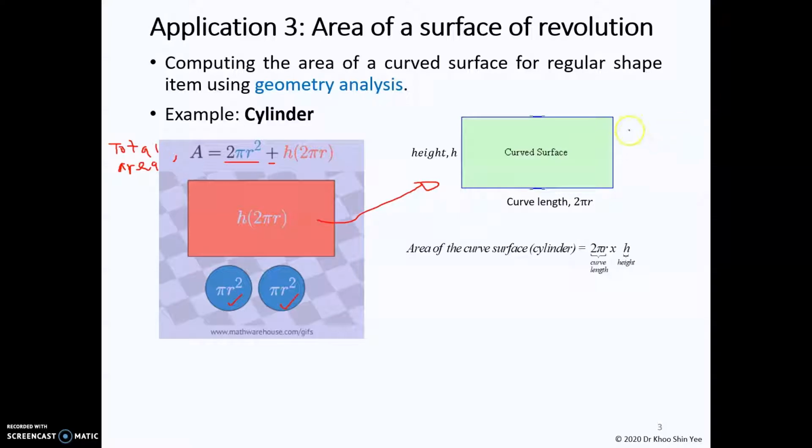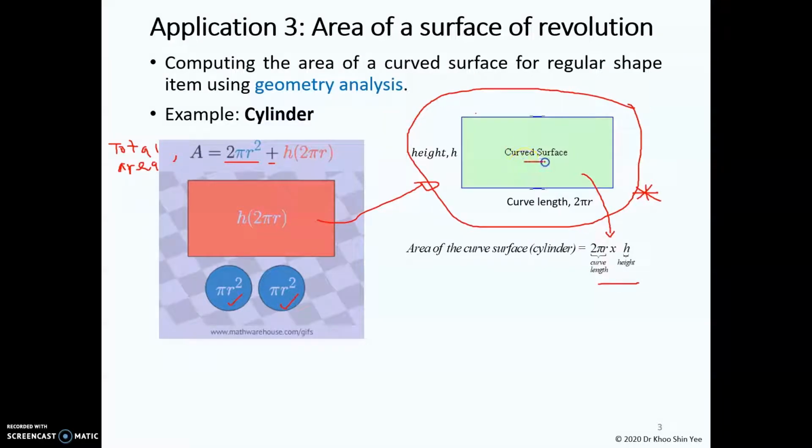How to compute the area of the curved surface is one of the main focuses in this study. And you can see that for a regular shape like this, we can find the area of the curved surface by using geometry analysis. For example, the area of the curved surface here is just the height multiplied with the circumference.